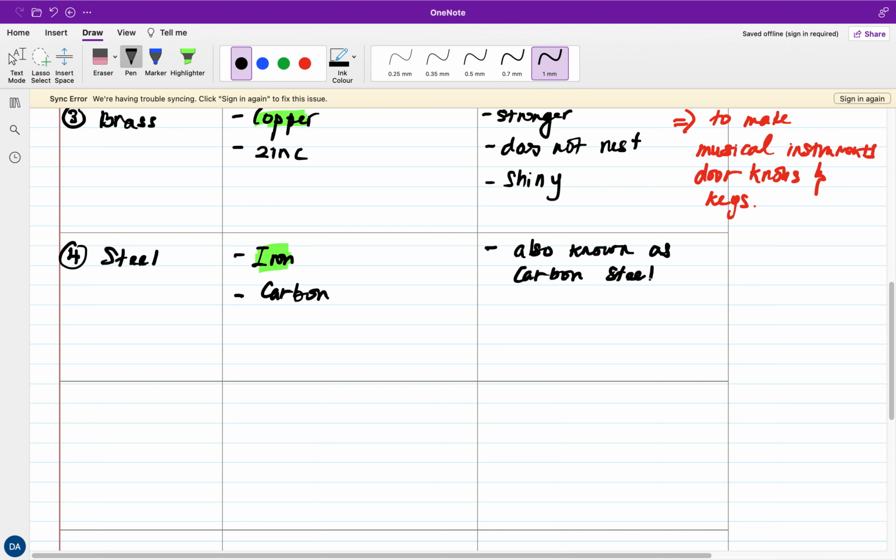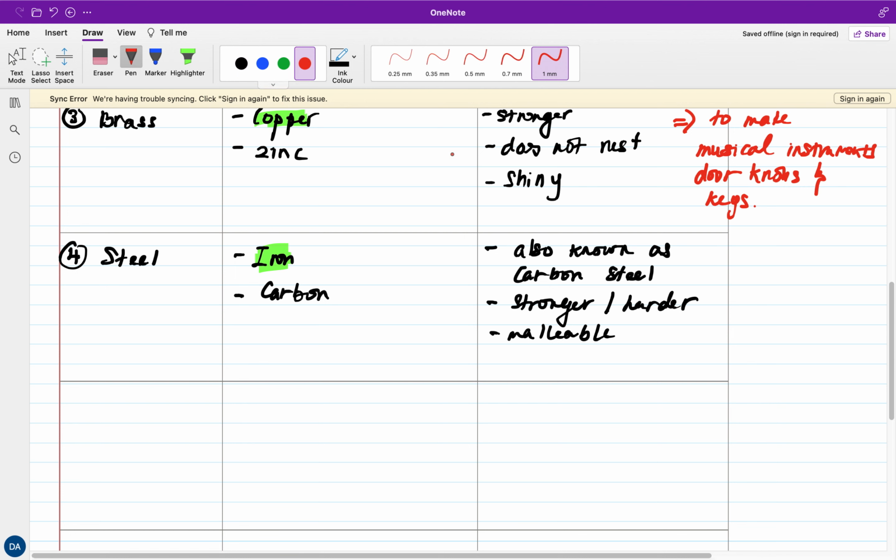The properties of steel: it is stronger, harder, and malleable.